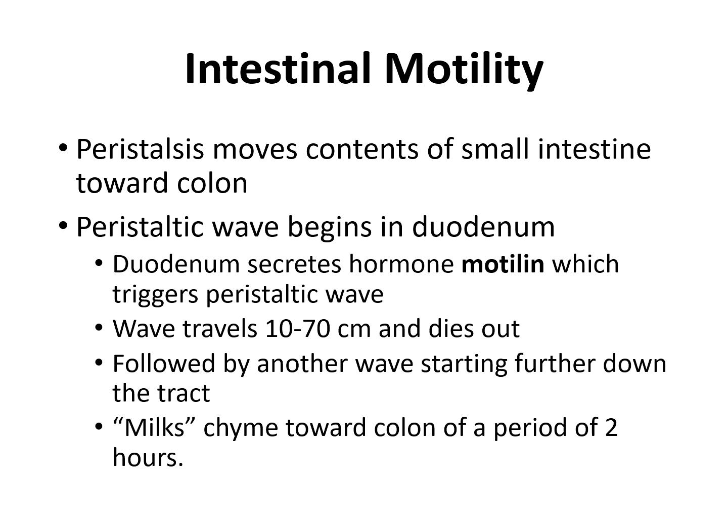So these successive overlapping waves of contraction will pull and kind of milk the chyme towards the colon over a period of about 2 hours. And these overlapping waves are called a migrating motor complex.